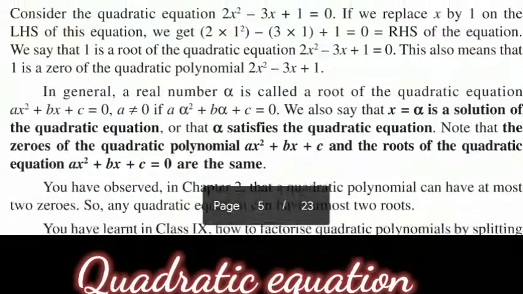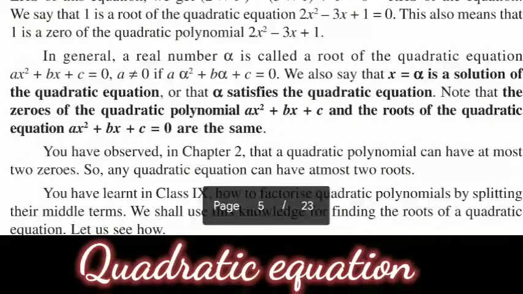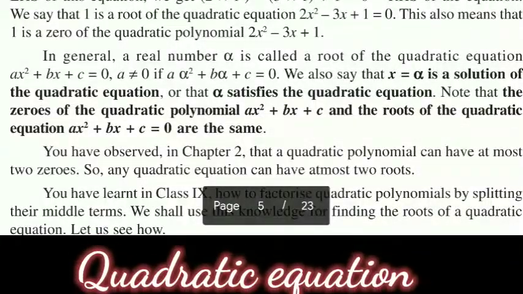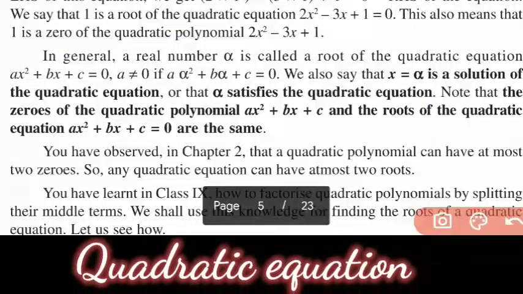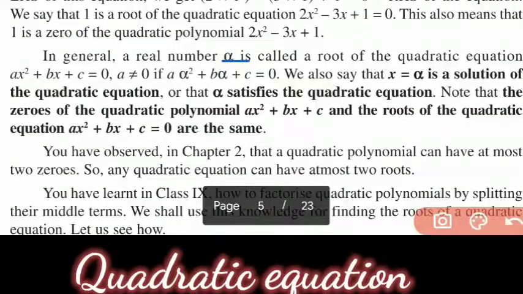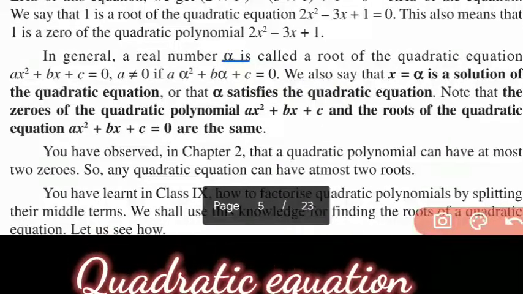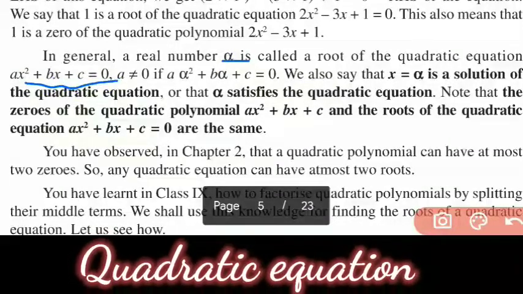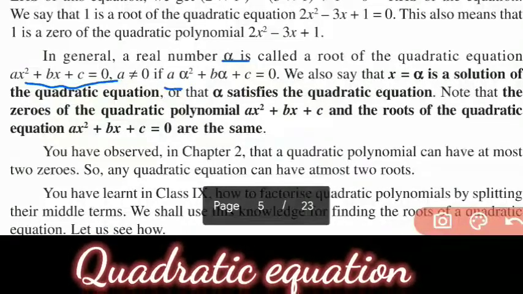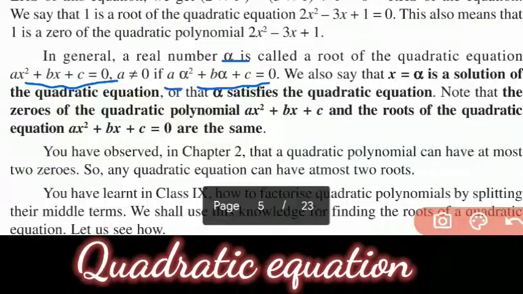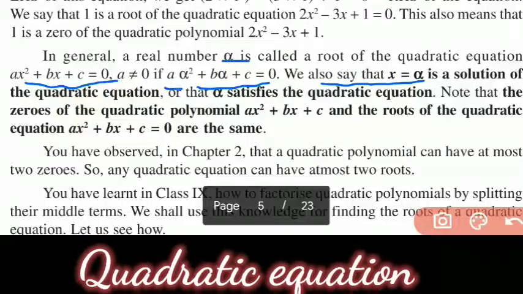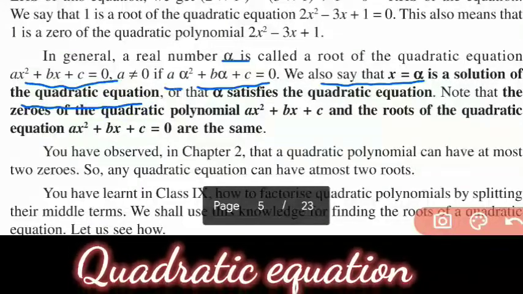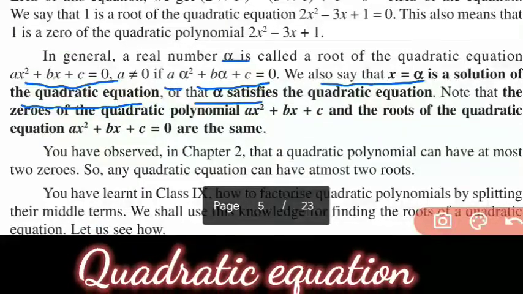In general, a real number alpha is called a root of the quadratic equation ax square plus bx plus c is equal to 0. Here a does not equal 0. If a alpha square plus b alpha plus c is equal to 0, we also say x is equal to alpha is a solution of the quadratic equation, or alpha satisfies the quadratic equation.